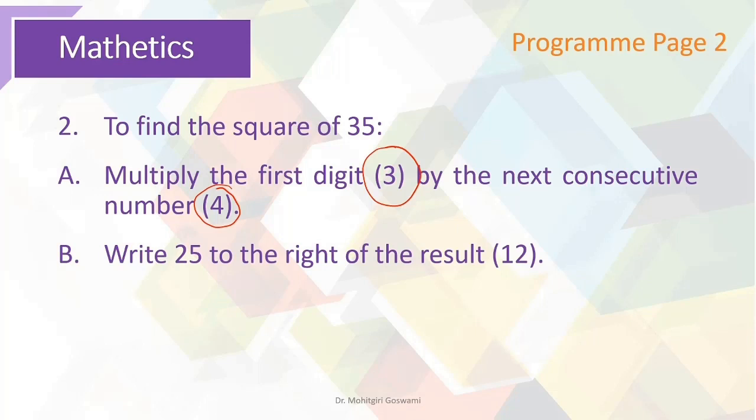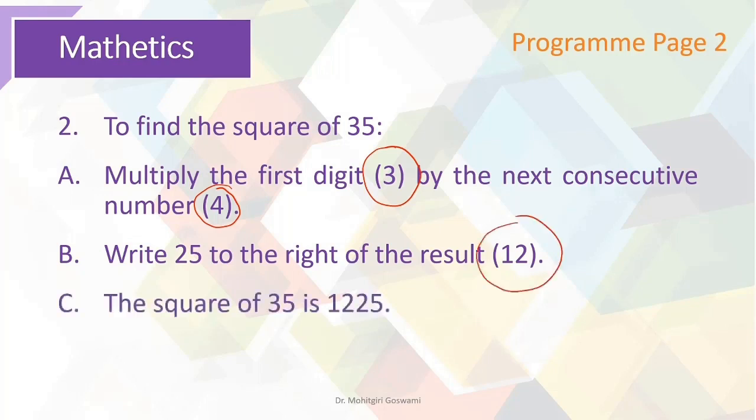Next, write 25 to the right of the result. The result is 3 into 4, 12. So you have to put 25 to the right of 12. So the square of 35 is 1225.